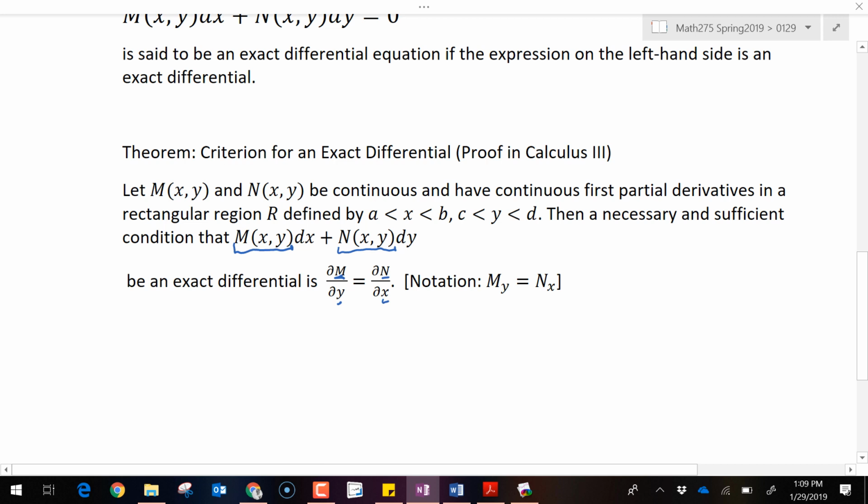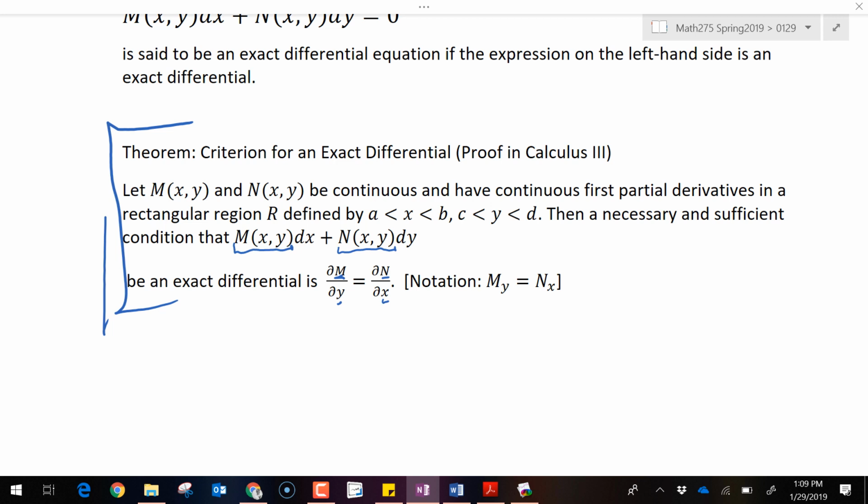And if those two are equal, then you have an exact equation or an exact differential, and then you can say that that actually came from a function that you can find. All right? So this is going to be important to remember. You should remember this to check if something is an exact differential equation.